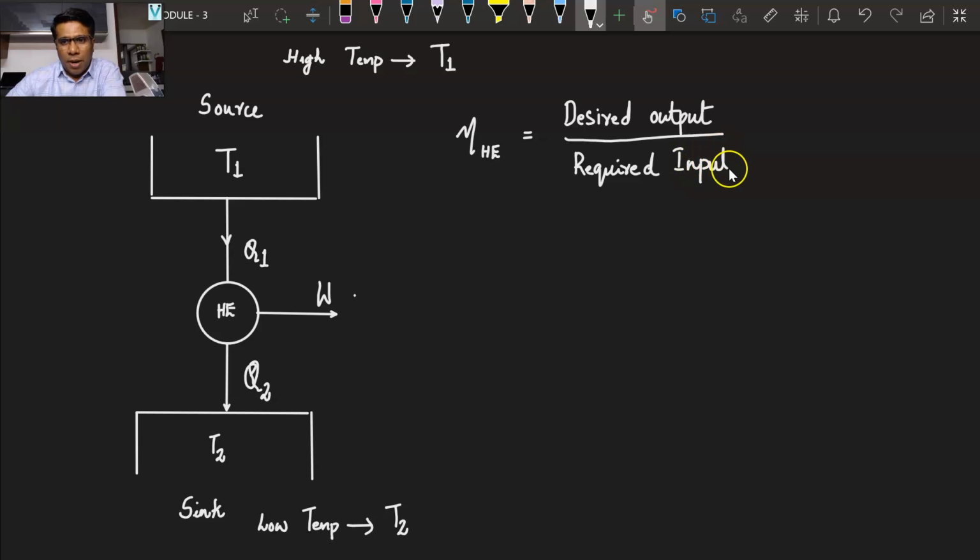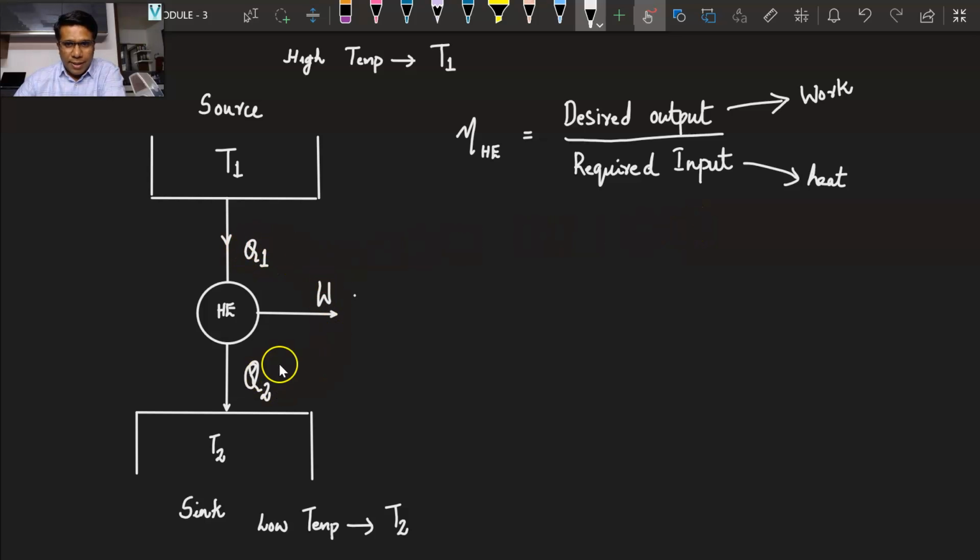Now if you look at the heat engine, what is the desired output? The desired output of the engine is work. And what is the required input? Heat is the input. The input heat, not the rejected heat, is the required input.